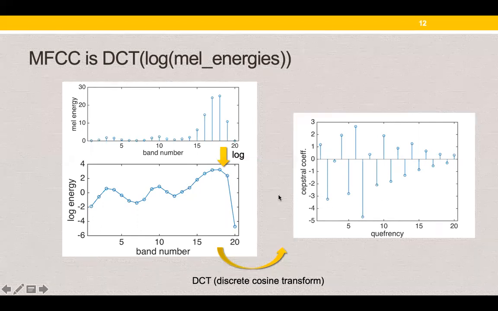Let me mention that in this chart, before DCT we talk about band number 1 to band number 20. But after DCT, we call the unit domain there the frequency domain. Again, this is a kind of frequency, but with the first few letters rearranged.